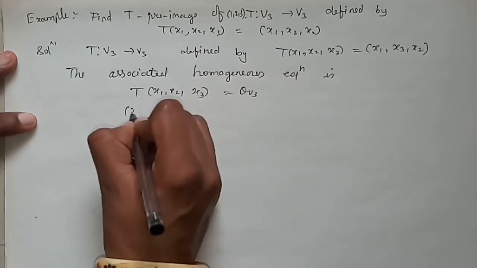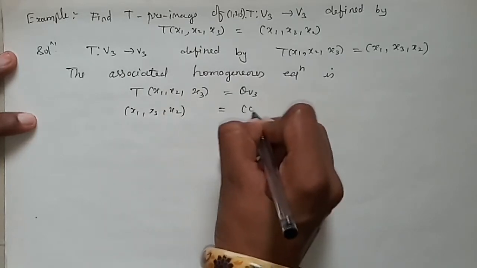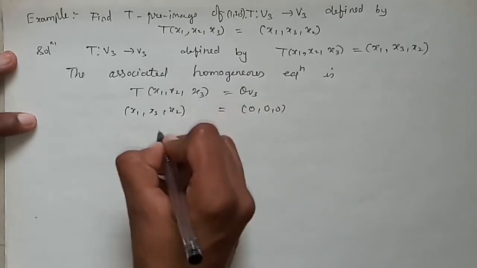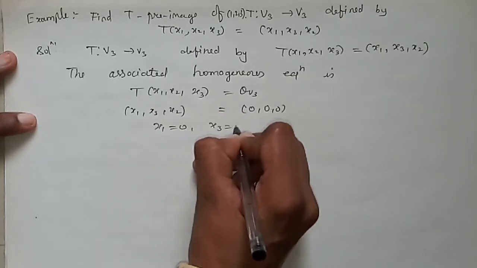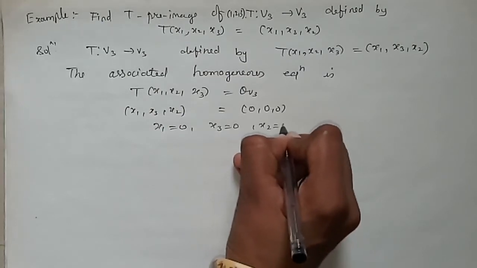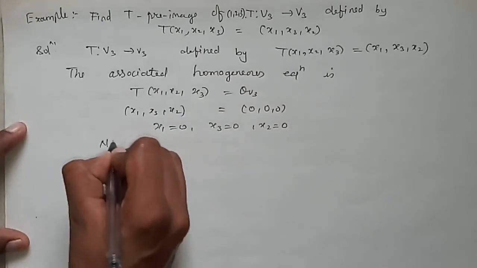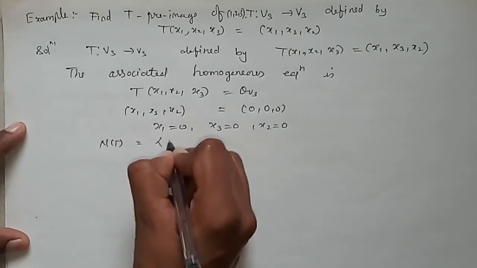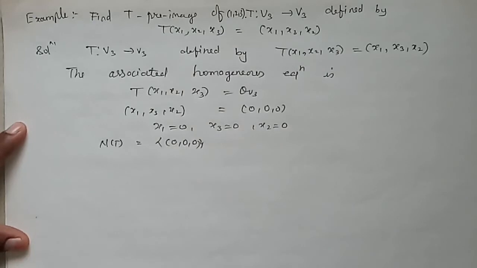This is nothing but (x1, x3, x2) = (0, 0, 0). So from this we can say that x1 = 0, x3 = 0 and x2 = 0. Therefore the nullity of T is nothing but the trivial solution, which is (0, 0, 0).